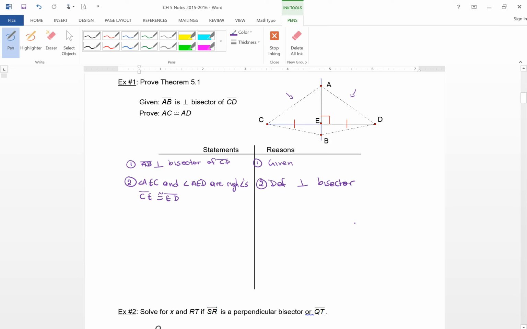Okay, so here I have a side, and number 3, when I say that those two angles are right angles, I can say that angle AEC is congruent to angle AED. Why? That's my angle part here, because all right angles are congruent.